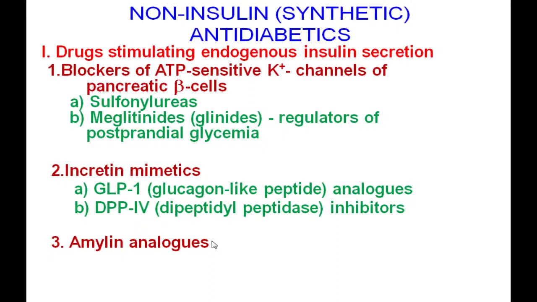Let us discuss a little about every group. So, blockers of ATP-sensitive potassium channels of pancreatic beta cells include sulfonylureas and meglitinides.